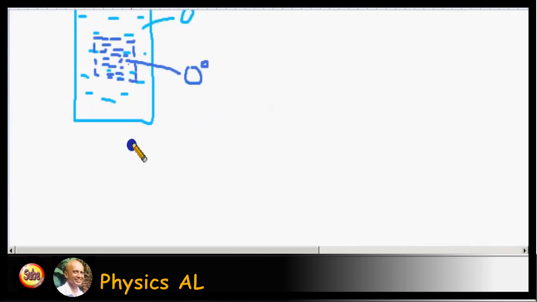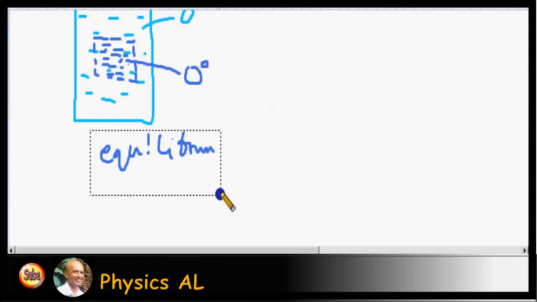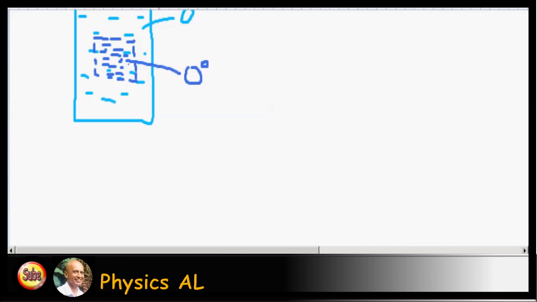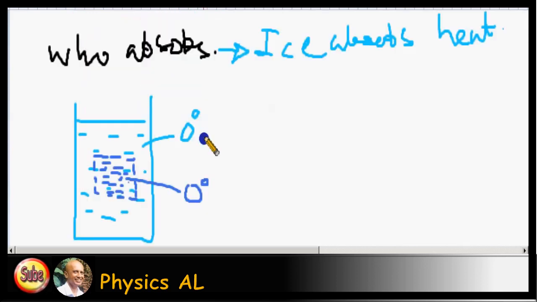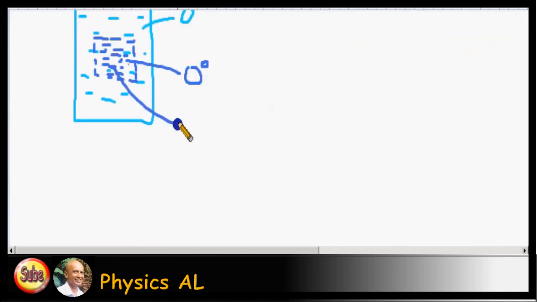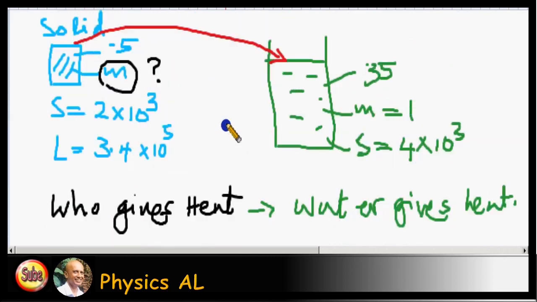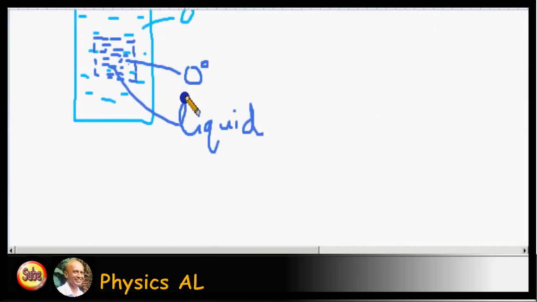This system is at equilibrium, so no temperature changes further. Therefore, finally the ice cube becomes liquid state. Earlier it was solid state. Finally it converted into liquid state, a change of state.